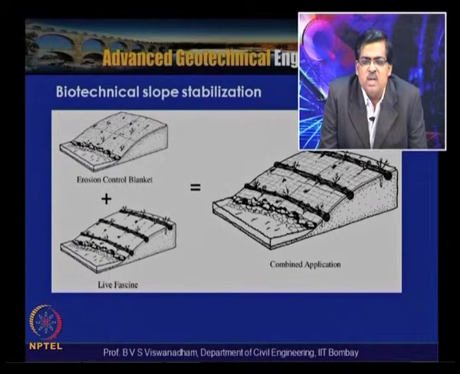So these are also adopted in combination with soil nailing or by using geocell on the slope surface, where the erosion can be controlled, and the live fascines can be used for enhancing the stability of a slope.